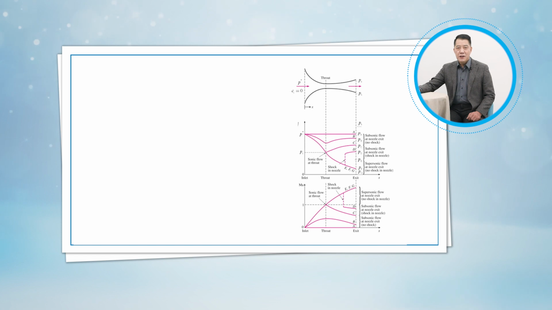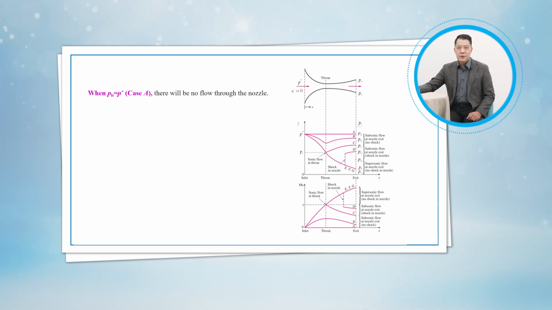Consider the converging-diverging nozzle shown in Figure 9.9. A fluid enters the nozzle with a low velocity and stagnation pressure P asterisk. Now, let's talk about the following cases. Let's look at case A, where we have pressure balanced, that is, PB equals P asterisk.